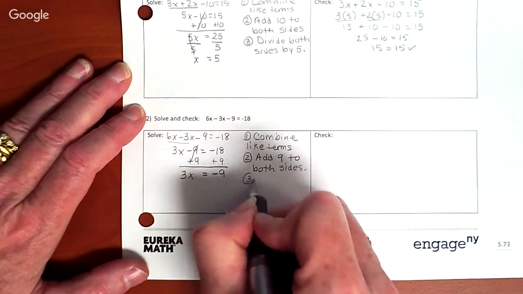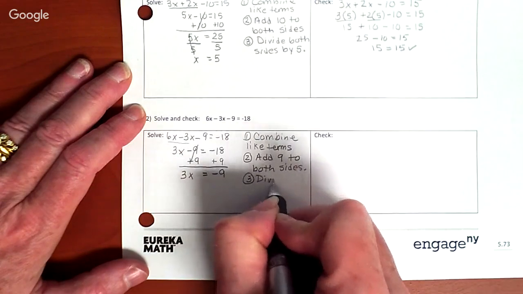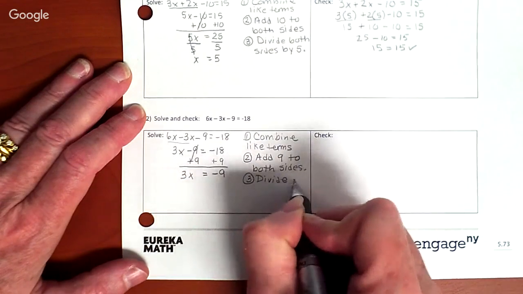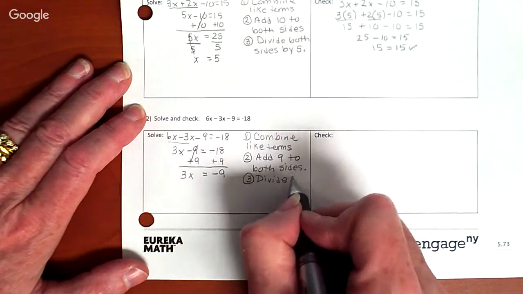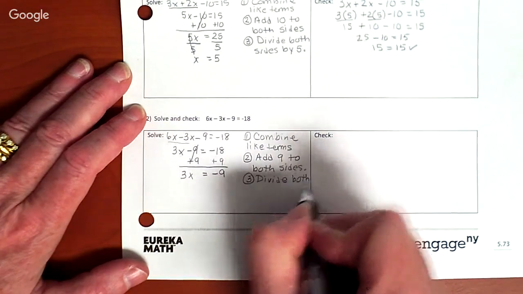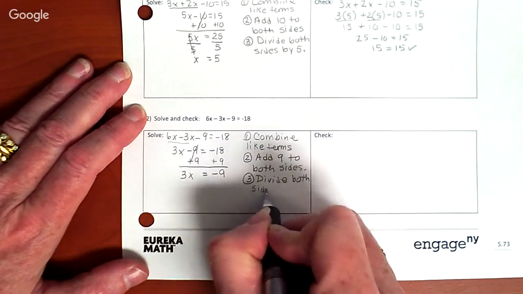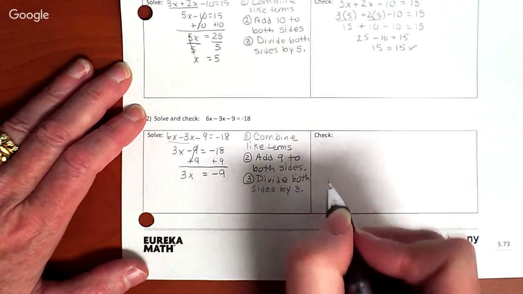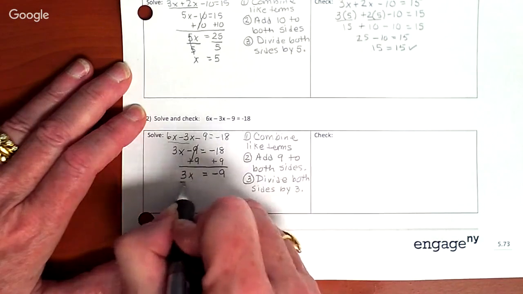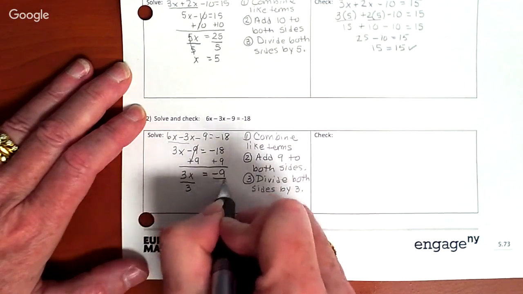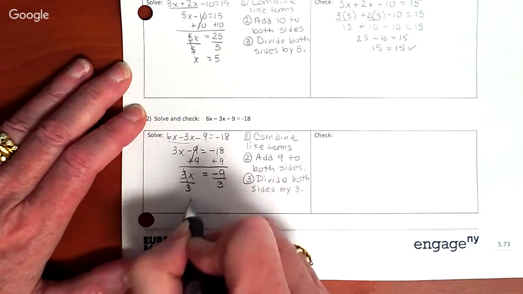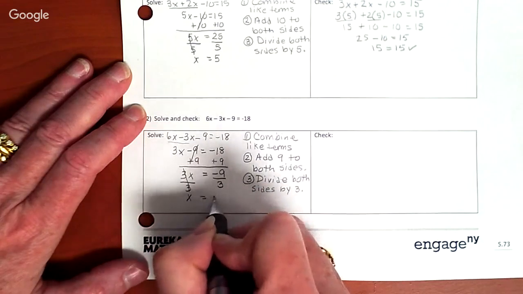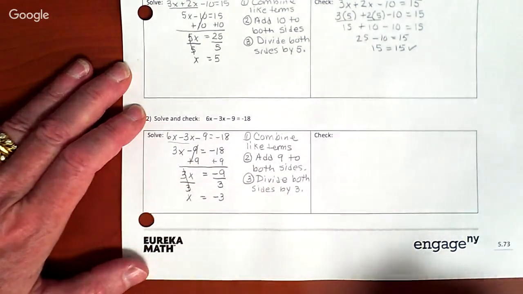And third, we are going to divide both sides by 3. So I have x equals negative 3.